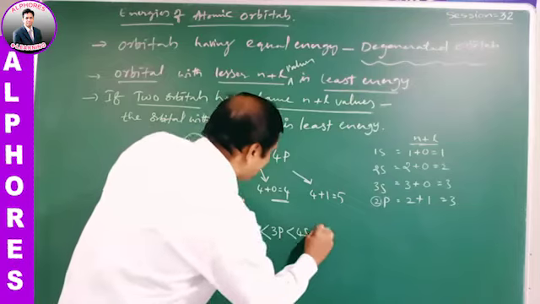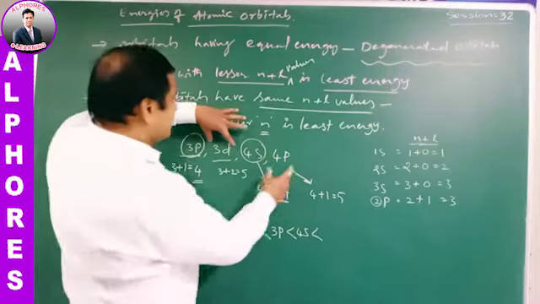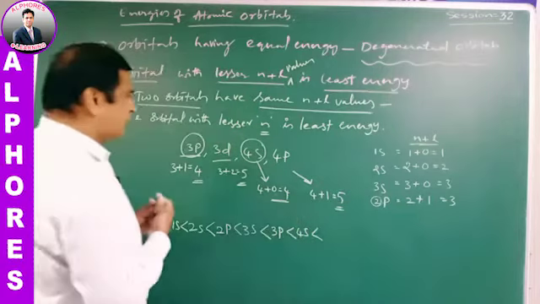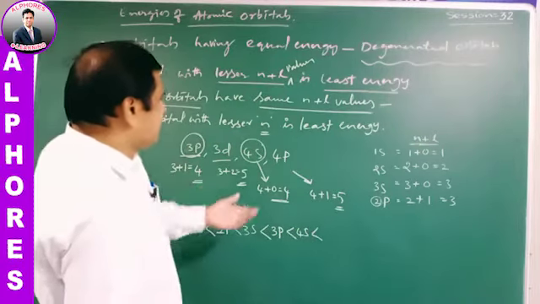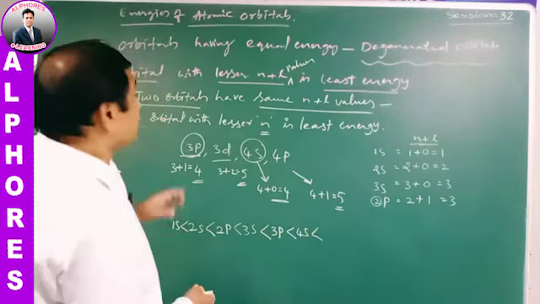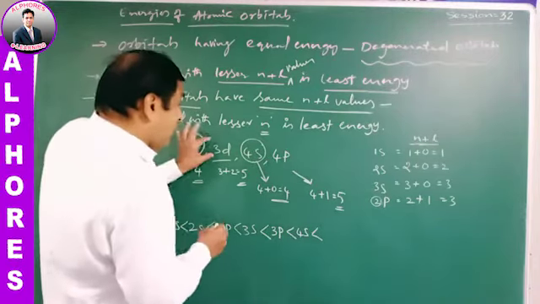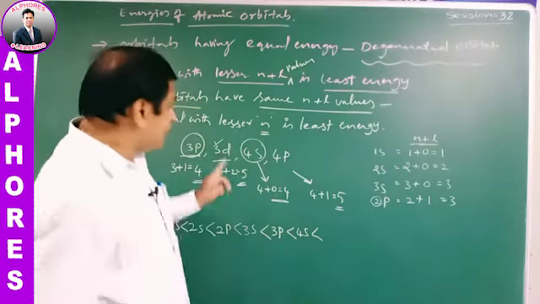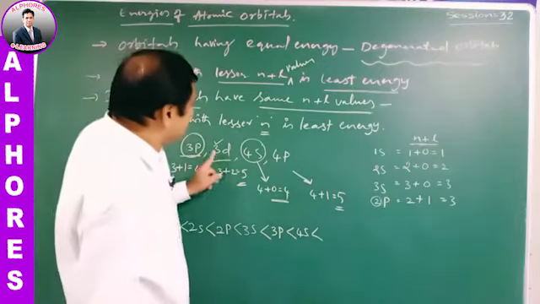After 4s, now you have 3d orbital and 4p orbital, with n plus l values of 5 and 5. The n plus l values are equal. Now the orbital with lesser n, that is 3d, has the least energy.